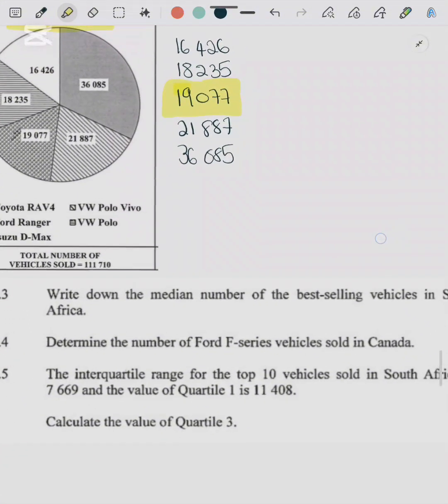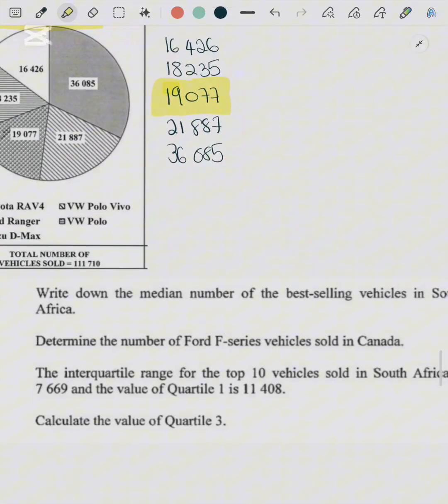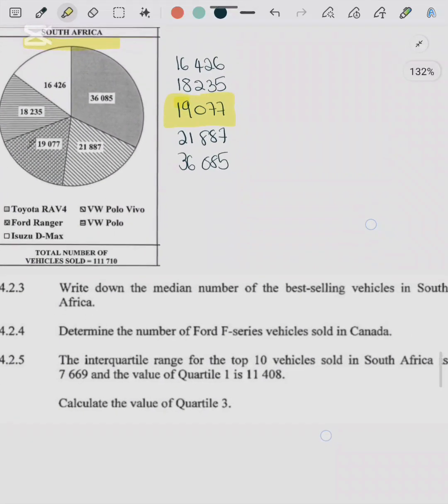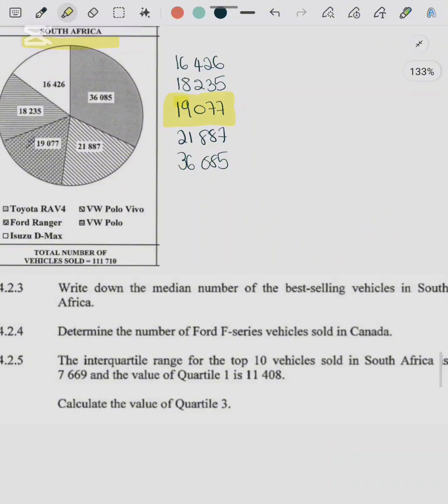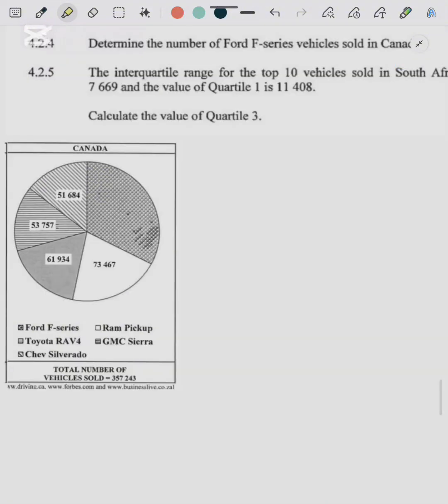Next, they ask us to determine the number of Ford F-Series sold in Canada. This was just reading from a table. We can see here in Canada that we are missing the Ford F-Series value. It should be over here. To find that, we need to see what our total is and work backwards. We know the total number of vehicles because they tell us it's 357,243.